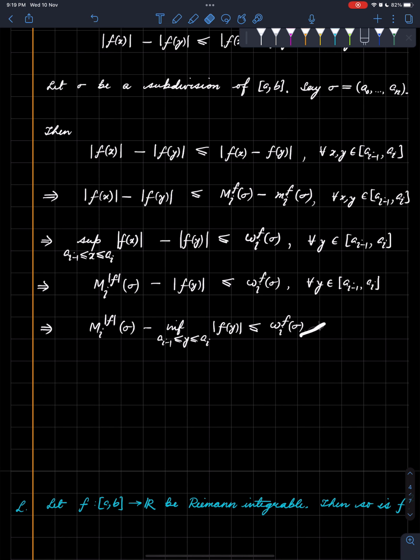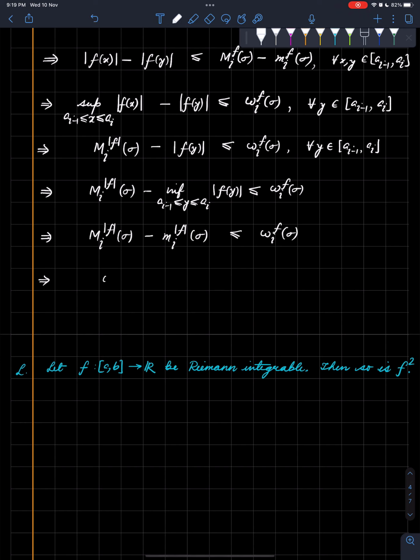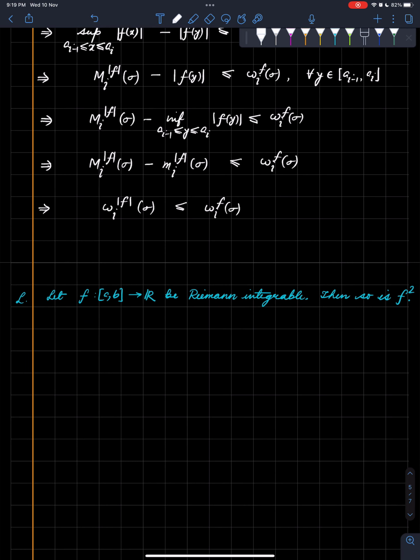Yeah, I've already taken the infimum, so we have this, which is the same as saying this, which is the same as saying that. And therefore this summation also gives the same inequality.